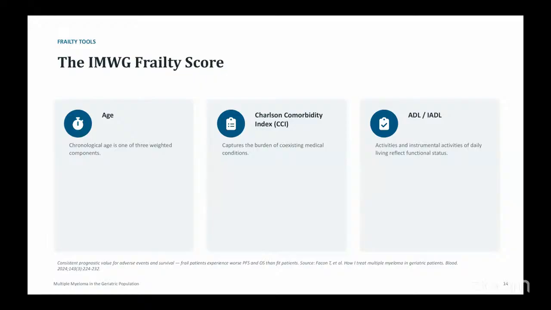Now, frail patients, unfortunately, generally have worse progression-free and overall survival rates, and they experience more treatment-related toxicity. Now, the progression-free rate is basically when the patient has a static disease from the moment of diagnosis till after treatment.